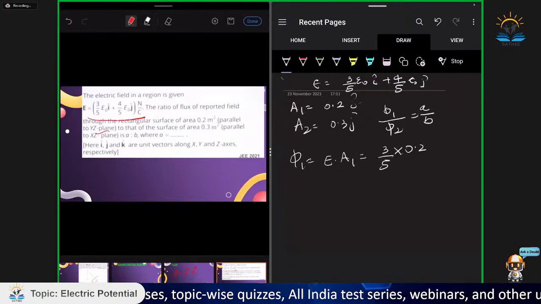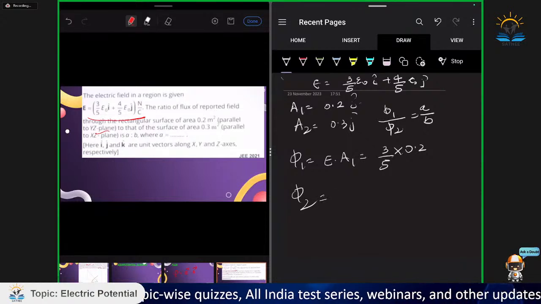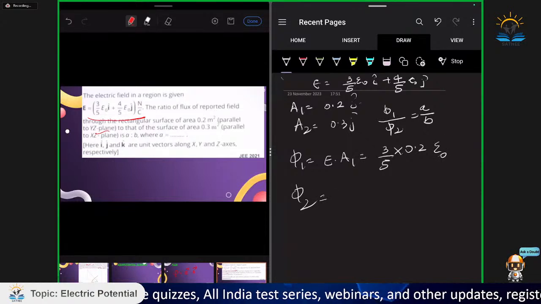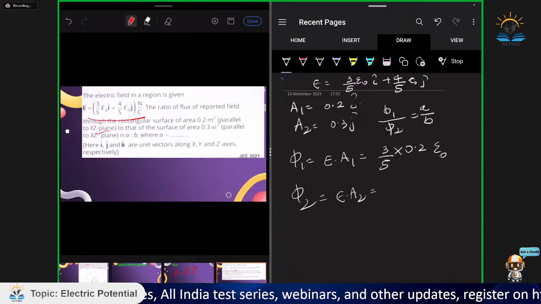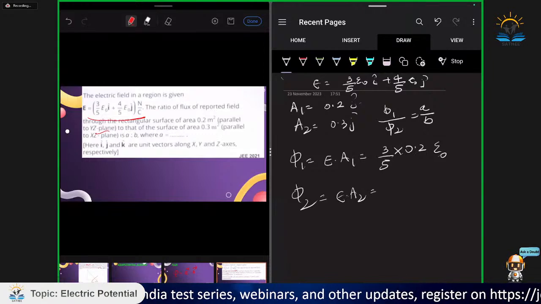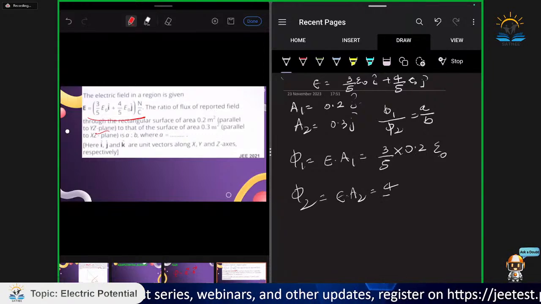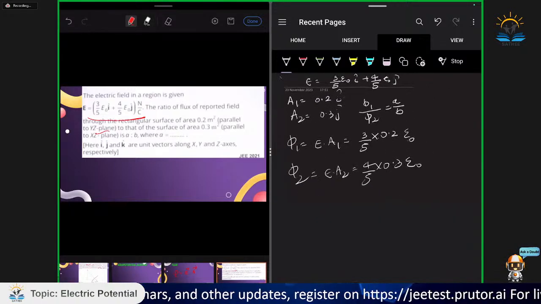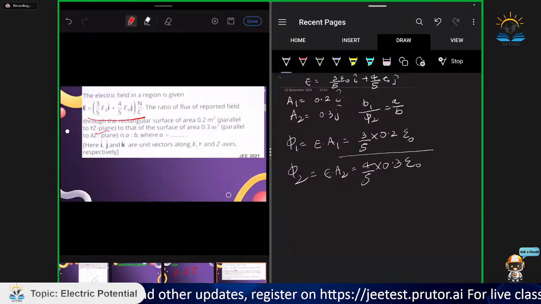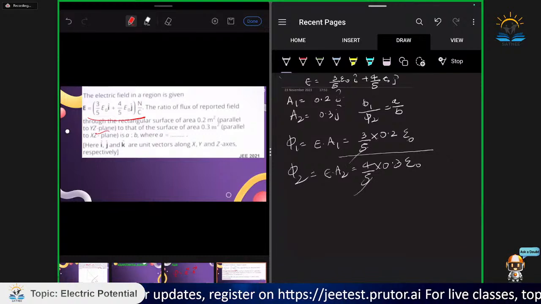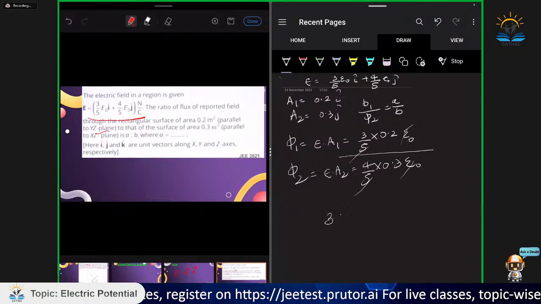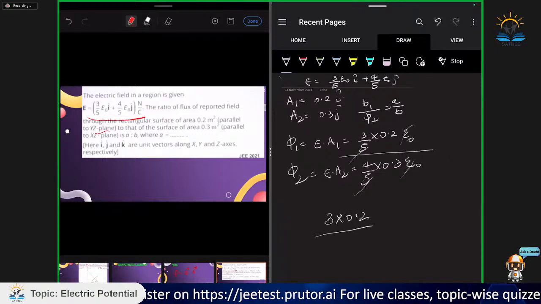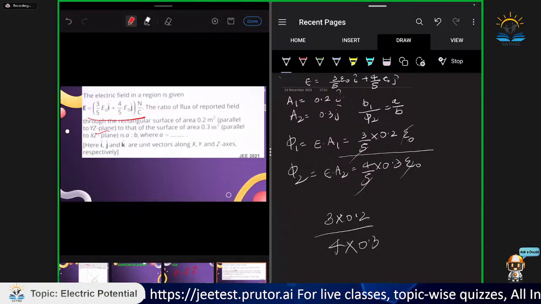Next, phi 2 will be E dot A2. Here I dot J is 0 and J dot J is 1, so 4 by 5 into 0.3 E0. So phi 1 by phi 2: the 5 we can cut, E0 E0 we can cut, 3 into 0.2 by 4 into 0.3.